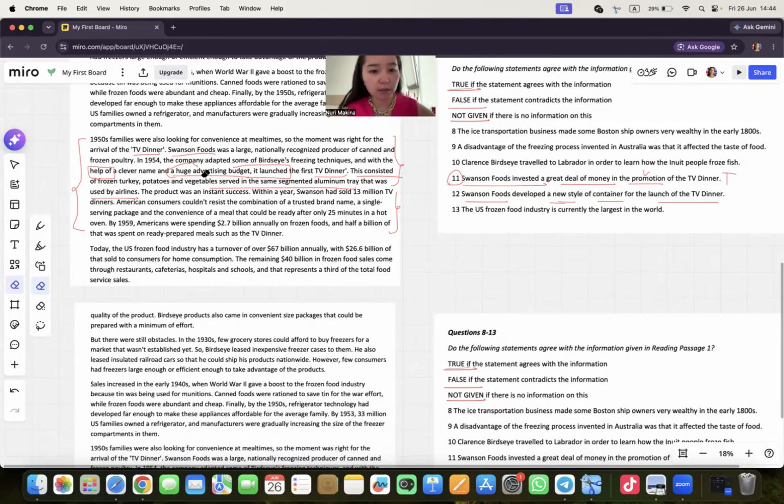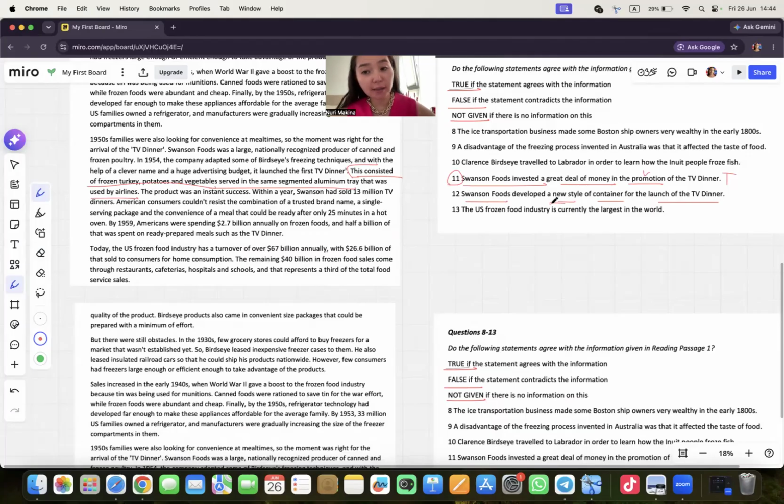So let me just erase this unnecessary part. So they use the same adapted freezing technique. This technique consisted of frozen turkey, potatoes, and vegetables served in the same segmented aluminum tray.